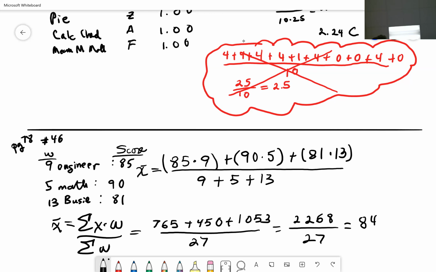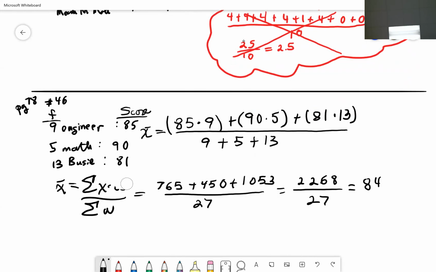You can regard this here not as weight, you can regard it as frequency. And you could change this formula to look like this now. Because in reality, what you're saying is 85 happens 9 times. 90 happens 5 times. 81 happens 13 times. That's what you could say.